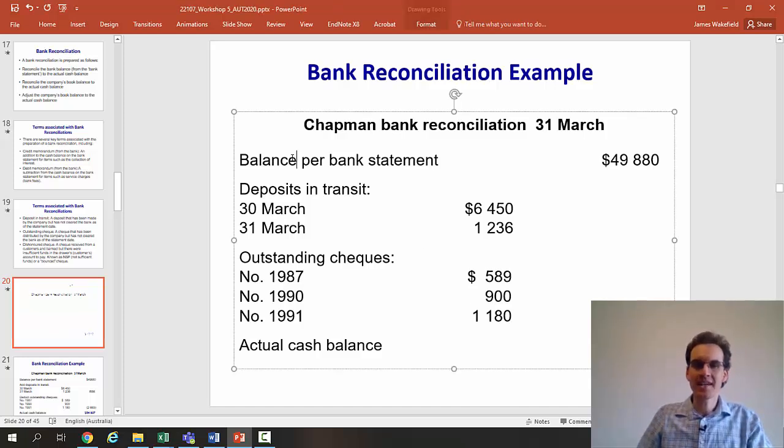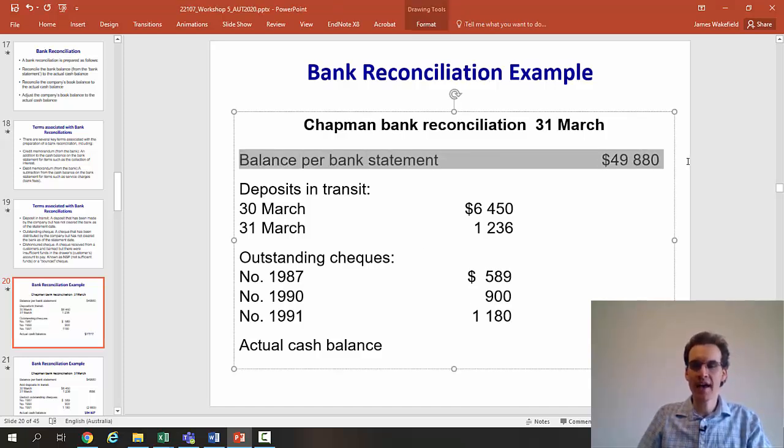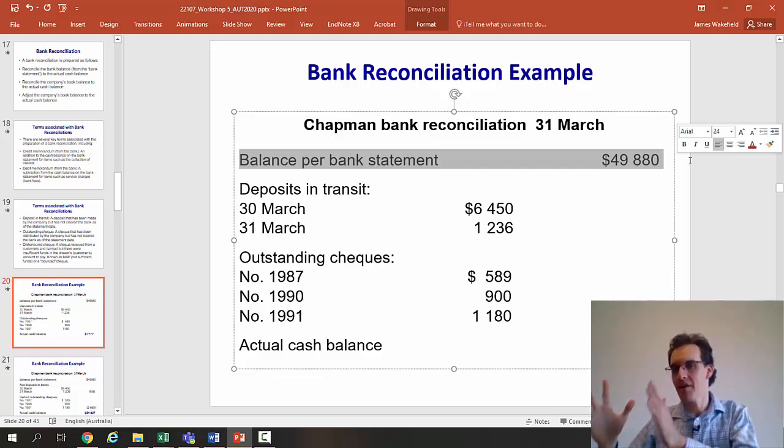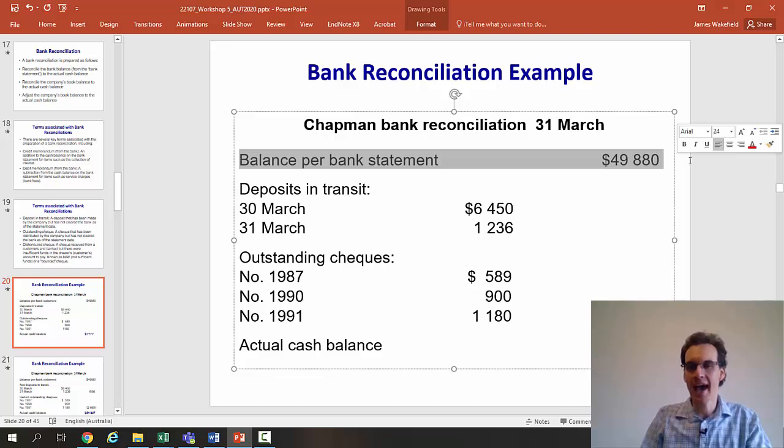So if the bank is telling us they have $49,880 in our account, so that's the money the bank owes us, how do we reconcile that to agree with the amount of cash we've recorded in our cash T account in the business's records?